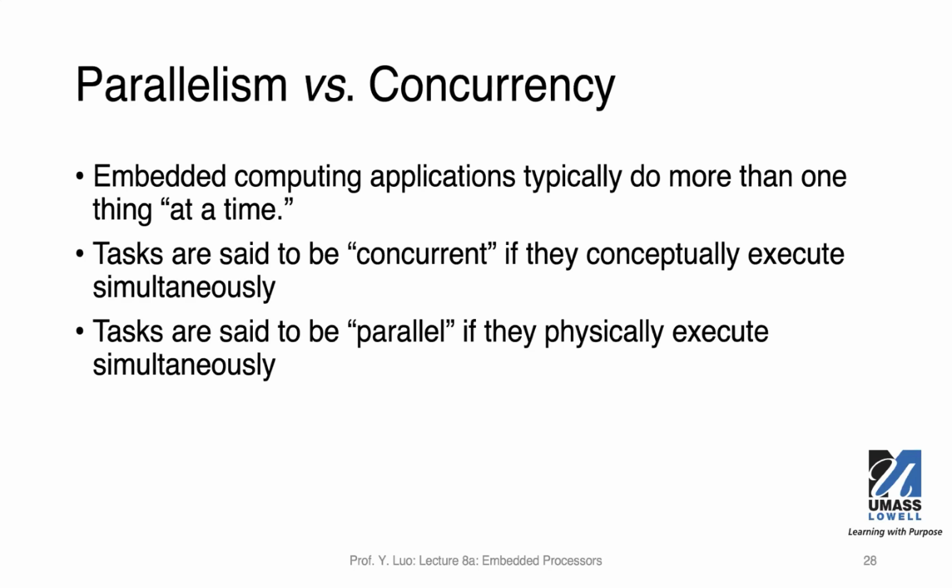So when we say parallel, we really mean that these multiple tasks have to be executed on different processors at the same time. Whereas the concurrent concept is not very strict. It just means that processes are in progress. All of them have not finished. They can proceed at the same time.